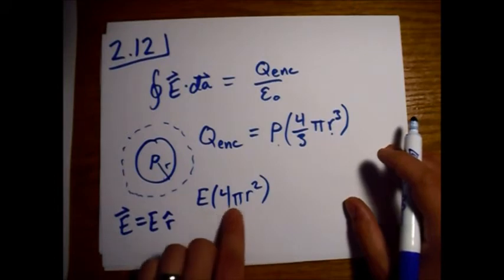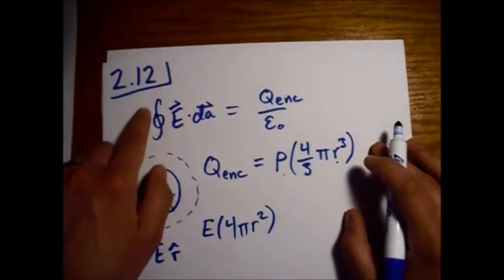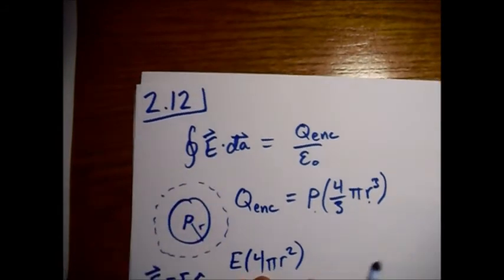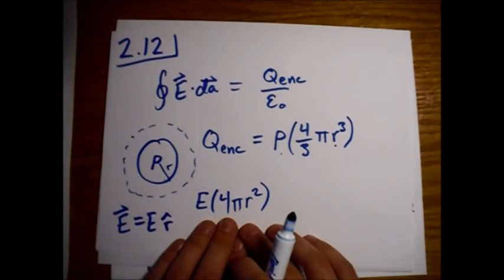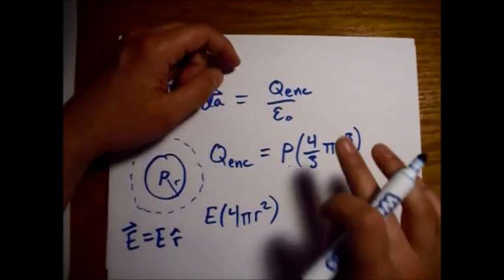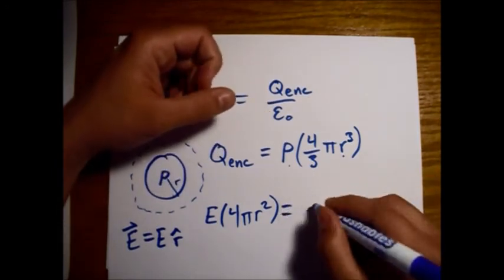All right, back to this. So we had this answer for this side of the equation. Again, because of symmetry, E was able to come out, integrated over the surface area of a sphere, and here we go. Now we need this side of the equation, and this is just this, but divided by epsilon naught.